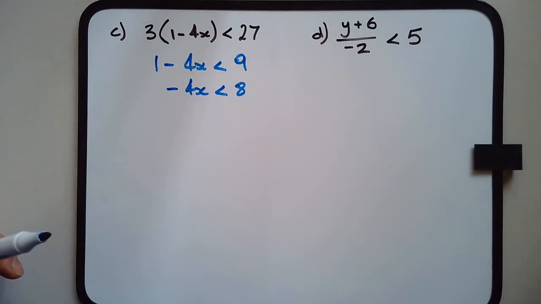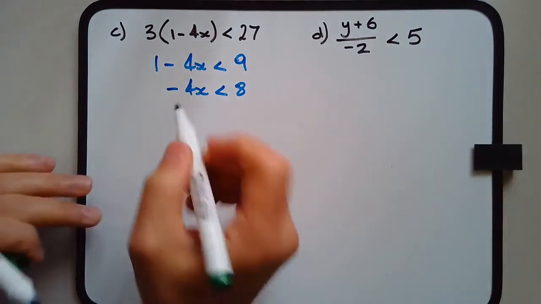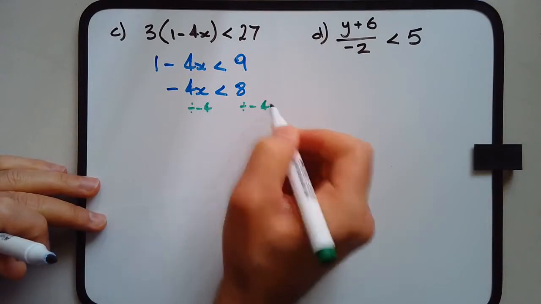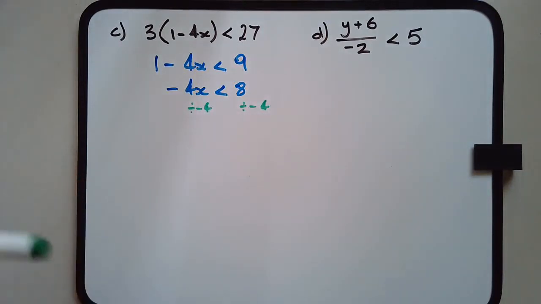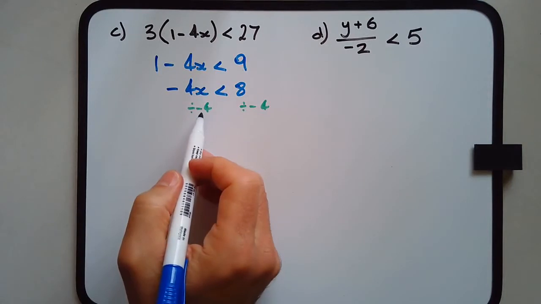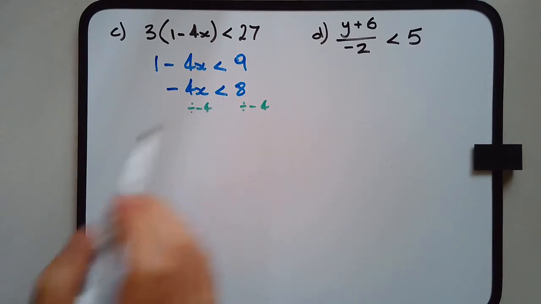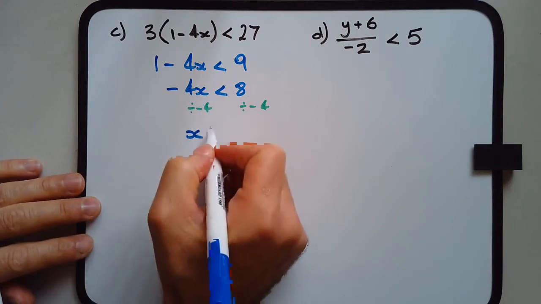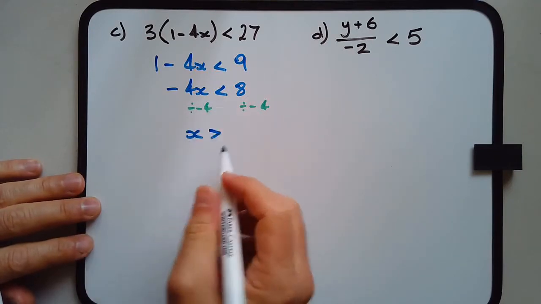So I think I might just highlight this one. Divide by negative 4, both sides by negative 4. Because now we're dividing by a negative value, the direction of the inequality must be switched. So instead of less than, x will become greater than.